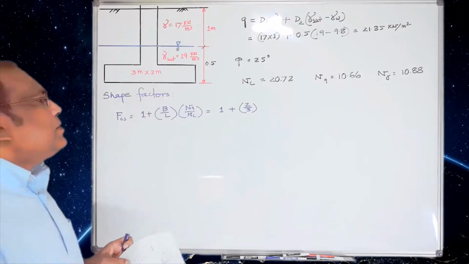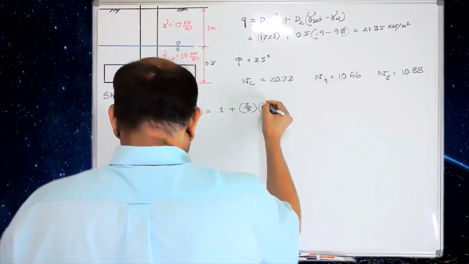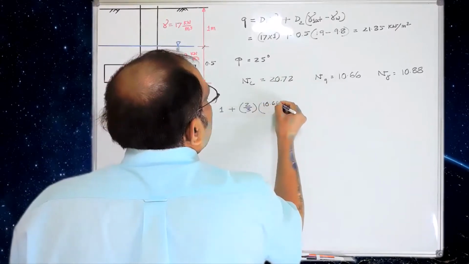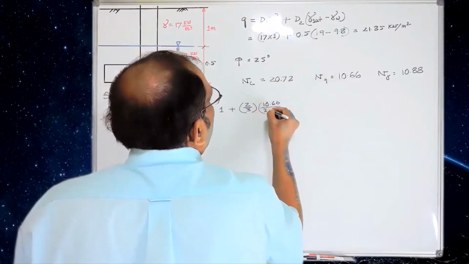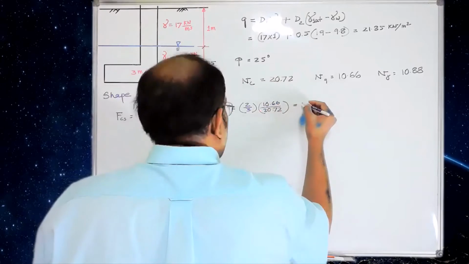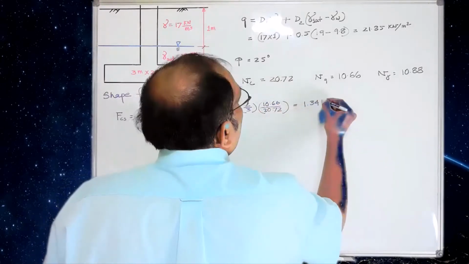So here is your NQ by NC, which is 10.66 divided by 20.72. That's basically 1.343.